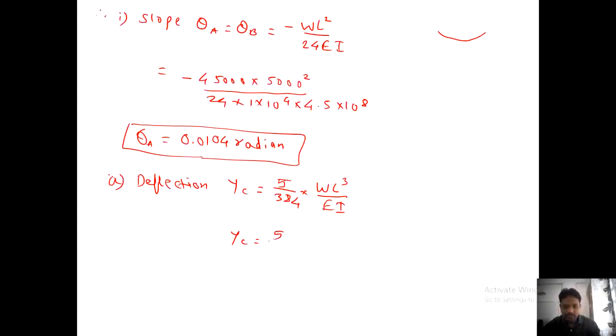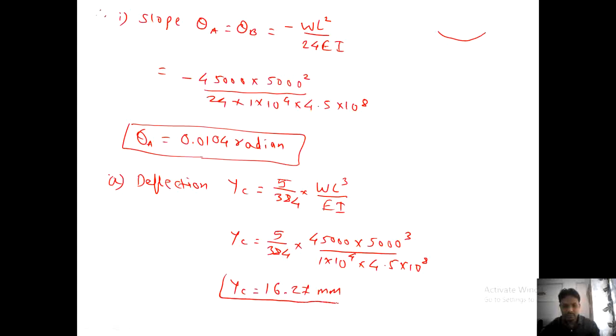YC equal to 5 by 384 into W is 45000, L is 5000 cube by E value is 1 into 10 raised to 4 and I is 4.5 into 10 raised to 8. So YC should be 16.27. YC is what? Deflection. So unit should be mm. So this is the solution for first numerical. Okay, got it?